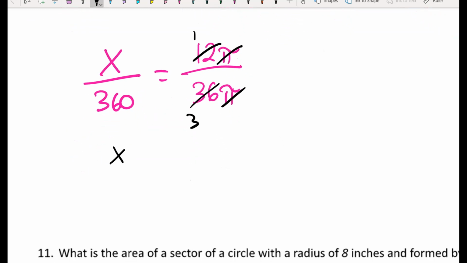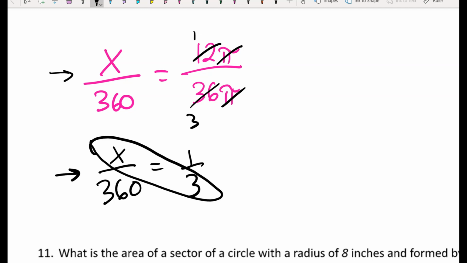So if I wanted to reduce this before I start multiplying across, these equations are equivalent. And the reason I might recommend simplifying to the bottom one is just to make the calculations when you type them into your calculator a little bit easier. Because now when I multiply across, 3 times x is just 3x, and 1 times 360 is just 360.